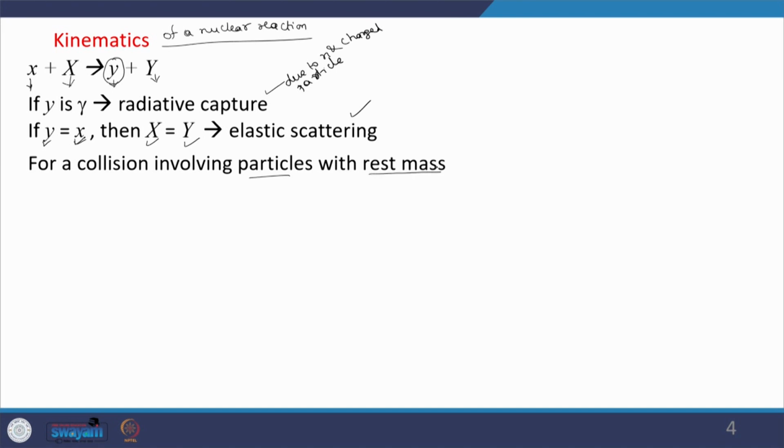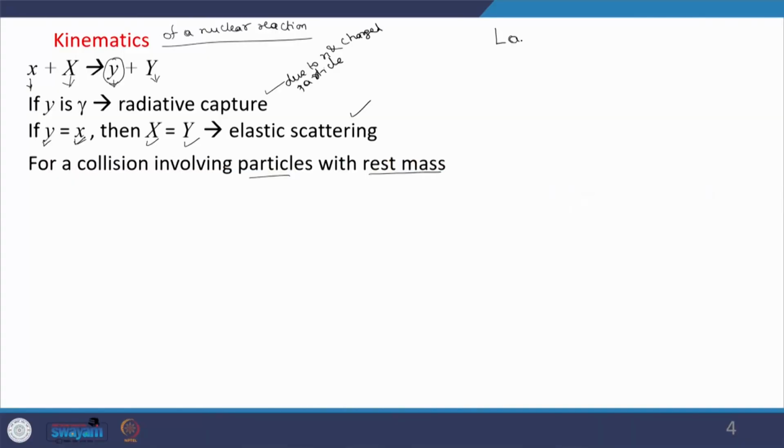To derive formulae for energies of the ejectiles and product nuclei in different frames of reference, let us consider a collision process with particles which have rest masses. Now, I am confining the discussion to only the laboratory frame of reference.